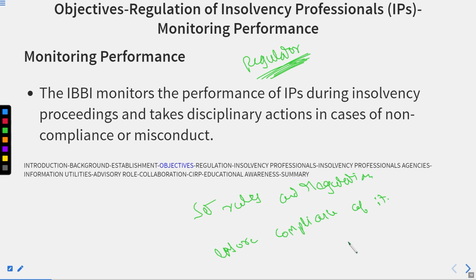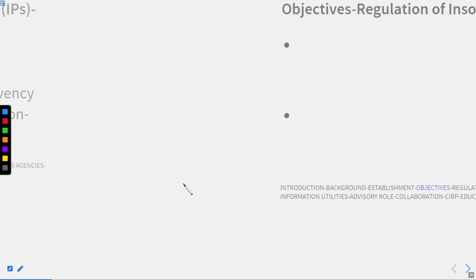Second, the IBBI gets the task to ensure that all of them who have obtained a license from the IBBI must be performing as per the rules and regulations described. If not, then disciplinary actions could be taken, if non-compliance or misconduct is found. So remember, this is the monitoring performance.